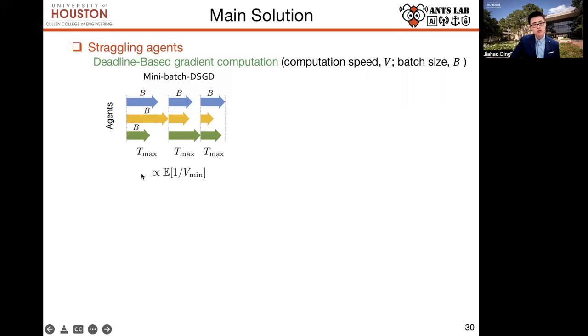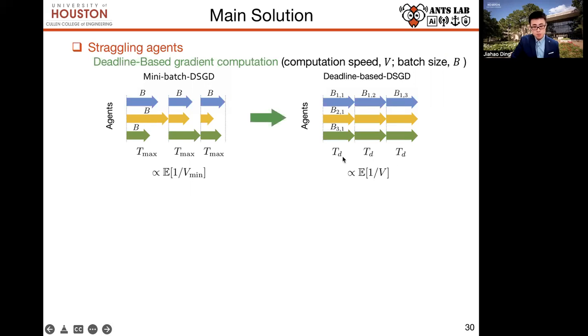You can see the total running time is proportional to 1 over the minimum computation speed. I introduce a deadline time TD to let each agent perform gradient estimation, which can avoid waiting for the slowest agent in the entire network.